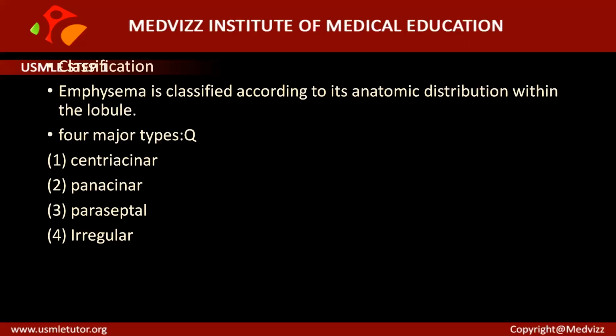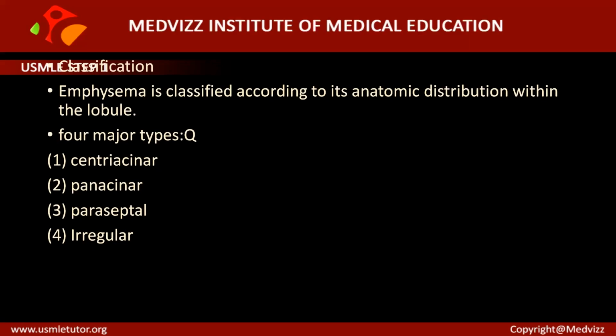The first ones, centriacinar and panacinar, are the most common forms, out of which centriacinar is considered the most common, constituting approximately 90% of all types of emphysema. If you combine centriacinar and panacinar emphysema, they constitute about 95% of clinically significant cases.